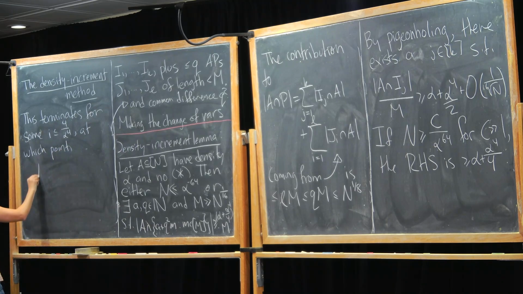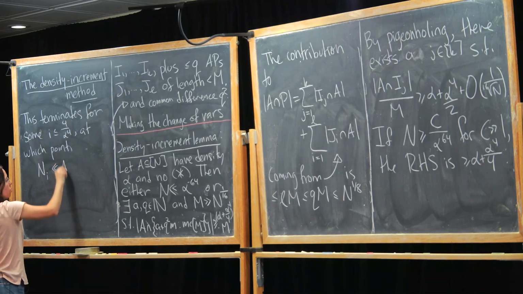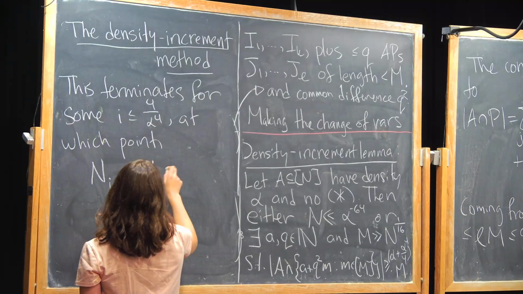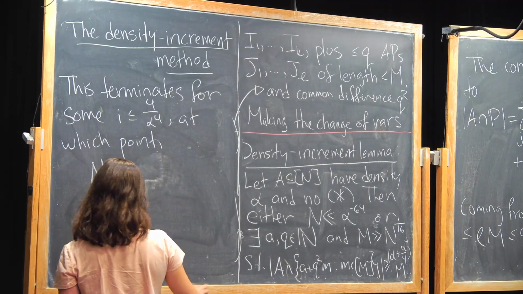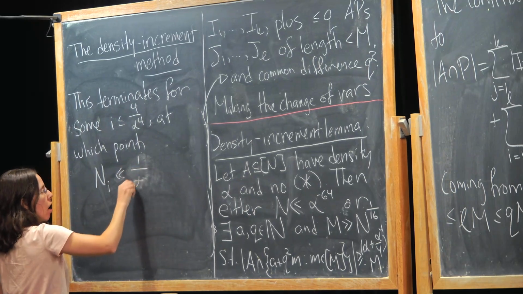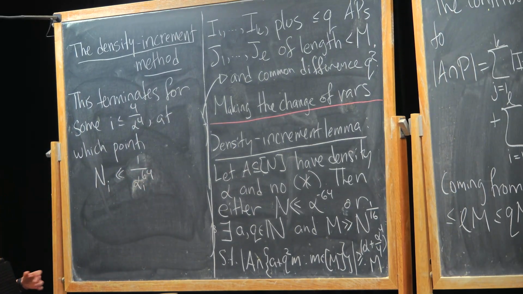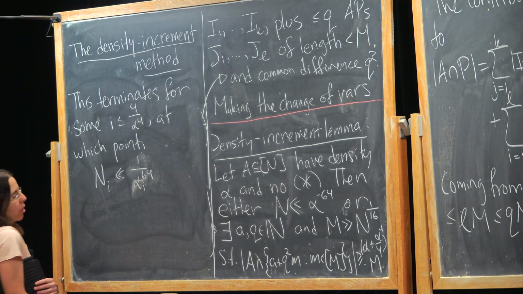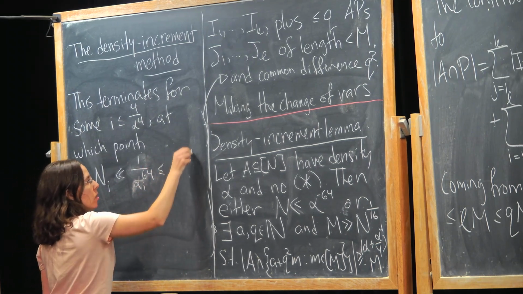we must have n sub i being at most some constant times 1 over alpha i to the 64. But the alpha i's are increasing, so this is at most our original alpha to the negative 64.